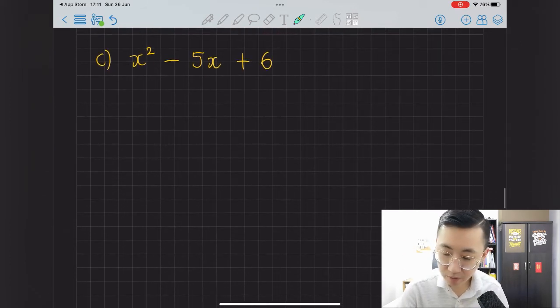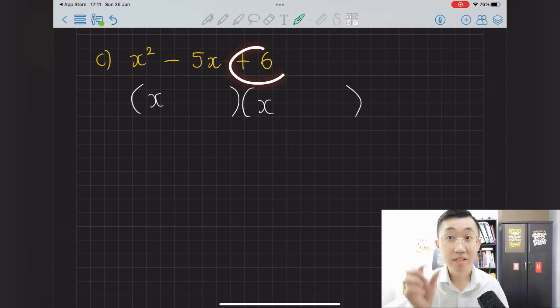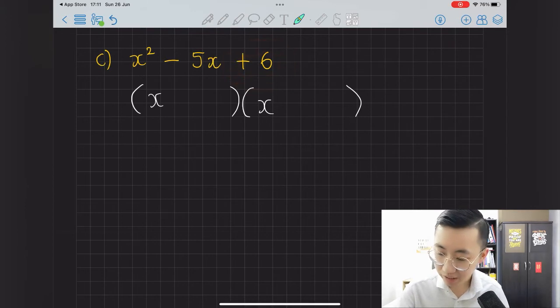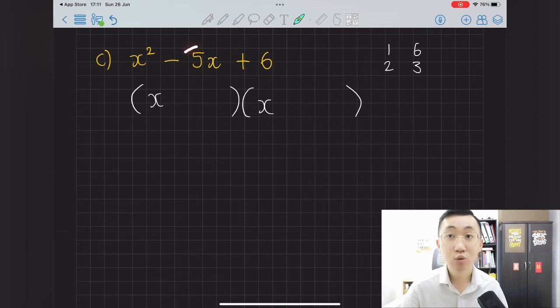x squared minus 5x plus 6. This is a double bracket question, double bracket factorization. We have to look at x and x again, very simple. Then let's look at the last value. 6 has the possibility of 1 and 6, 2 and 3. You definitely need to suspect what can get you the middle one. This one you can use a calculator or trial and error, just try putting in the numbers.